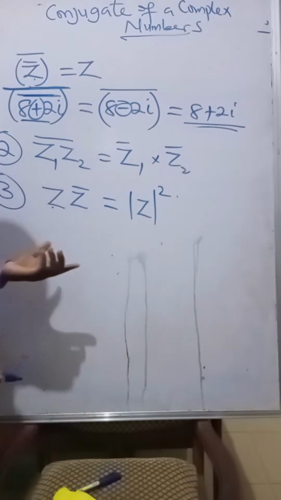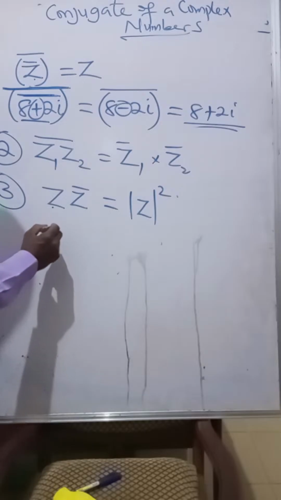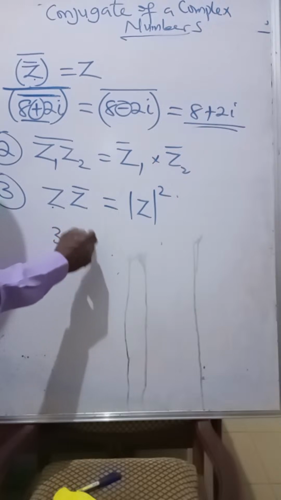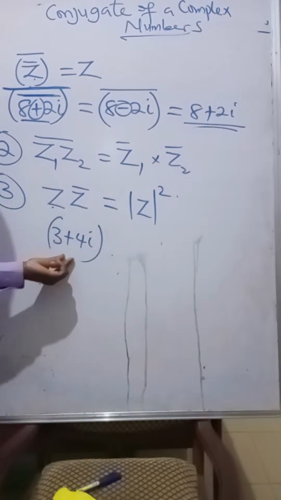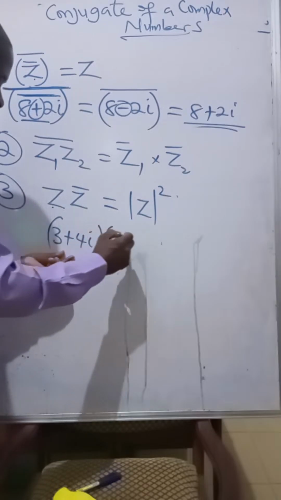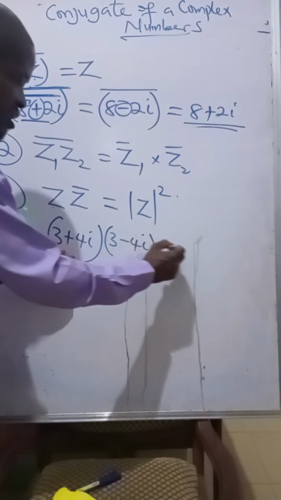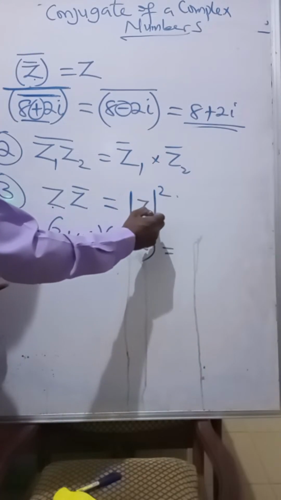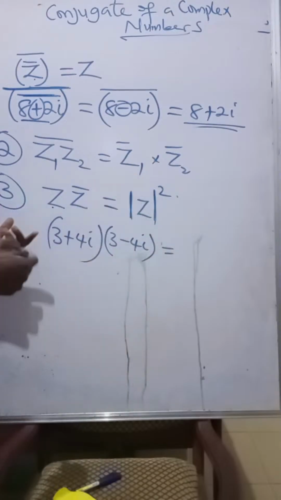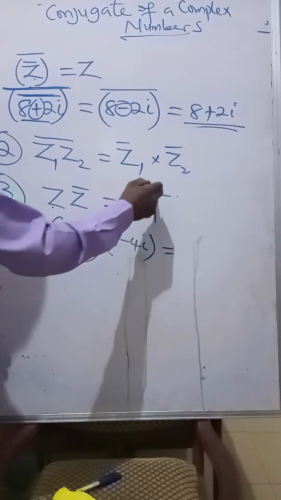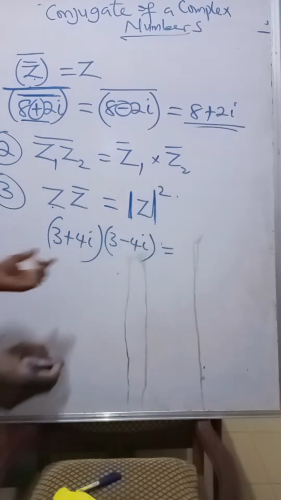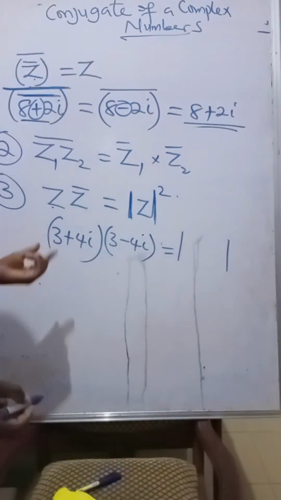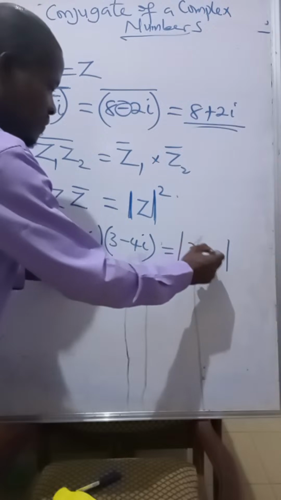Let's have this: 3 plus 4i times its conjugate, 3 minus 4i. Don't forget what we mean by modulus. You can call it modulus or absolute value. This is going to give you the square of the absolute value of that complex number, 3 plus 4i.